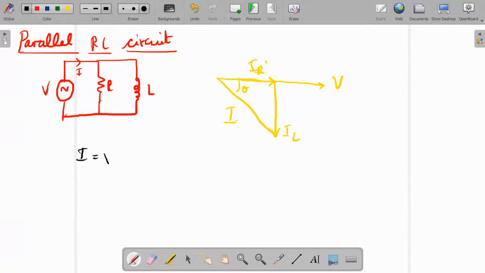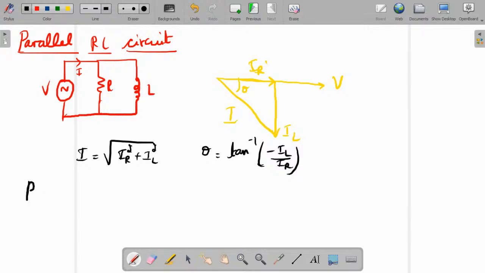I is nothing but square root of IR square plus IL square, and theta is equal to tan inverse of minus IL by IR. Here it is minus IL, negative axis.